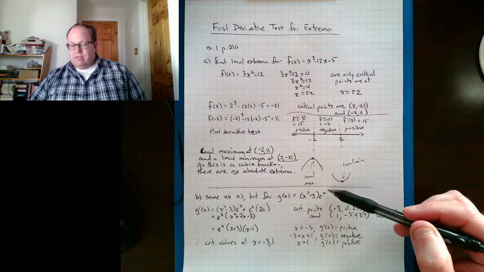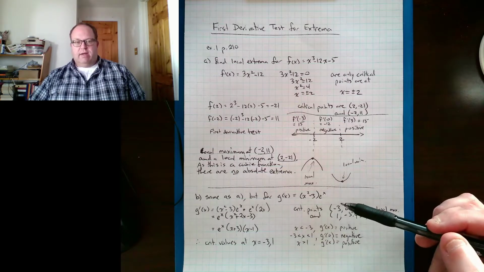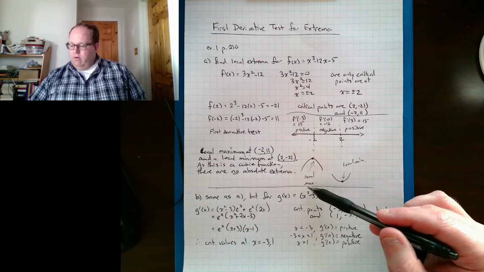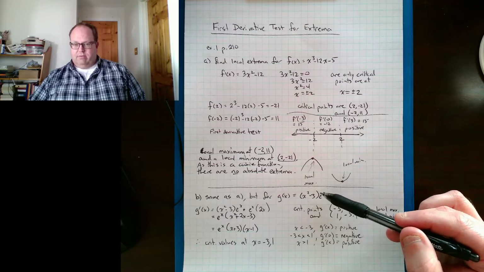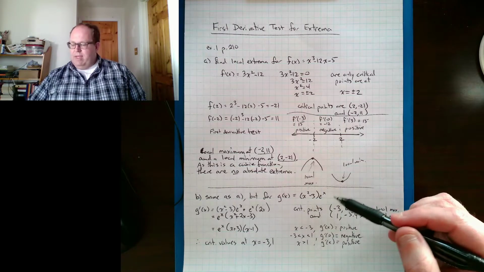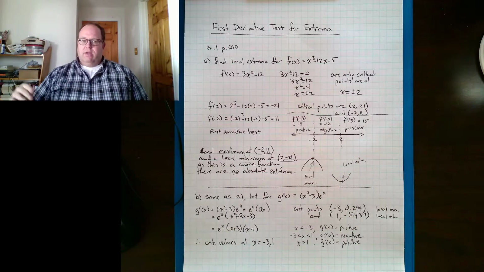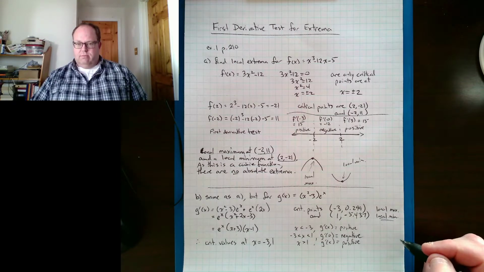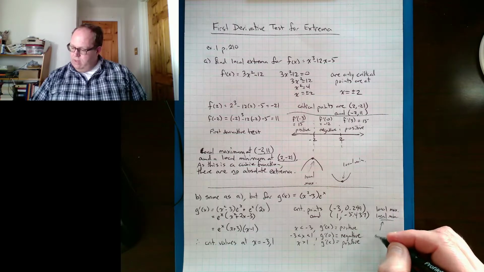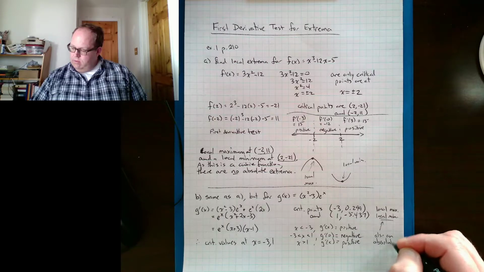But e to the x is dropping off towards 0, and it's going to drop off to 0 a lot faster than that quadratic is going to do anything. So overall, this thing would have a horizontal asymptote at 0 on the left side. So that means, since if I go off forever that way, it's just going to get closer and closer to 0, this thing should have an absolute minimum value someplace. And the only real contender for that is here. So this is also an absolute minimum.